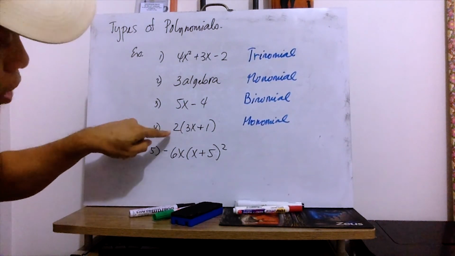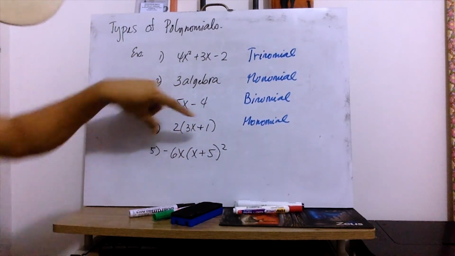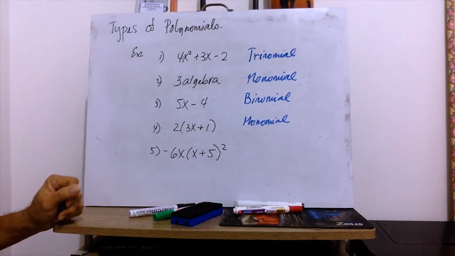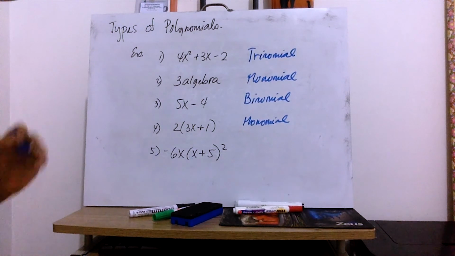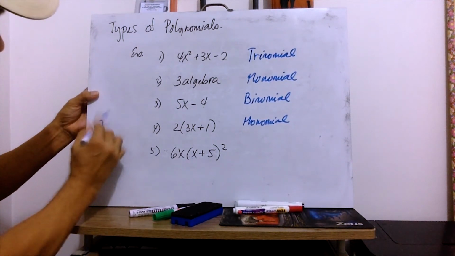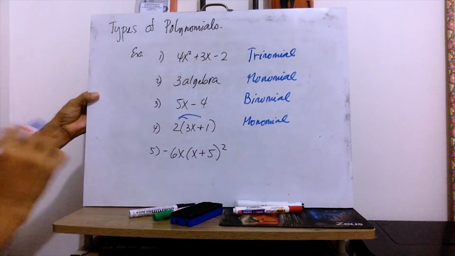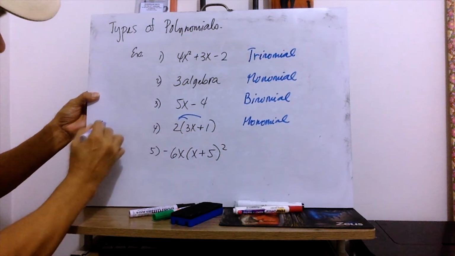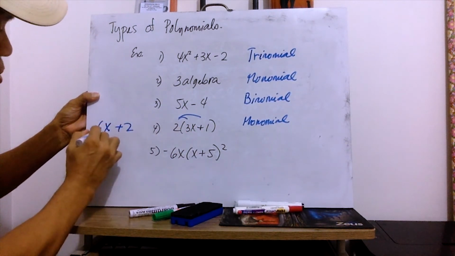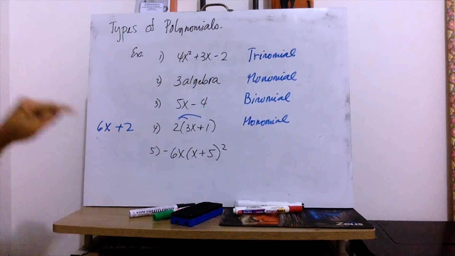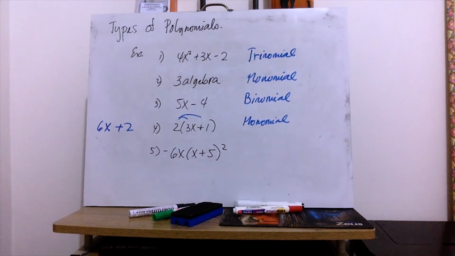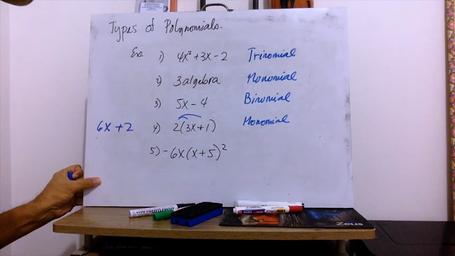So when you multiply 2 with this term, the whole term is called a monomial. Now, what if you remove the parenthesis sign? Distribute the 2 here. So it's 6x plus 2. Without the parenthesis, this now becomes a binomial. All right?